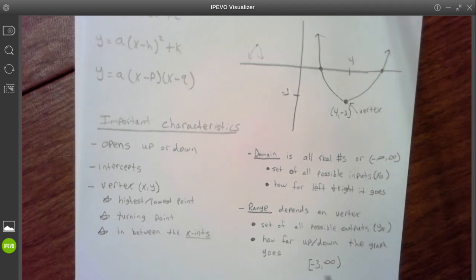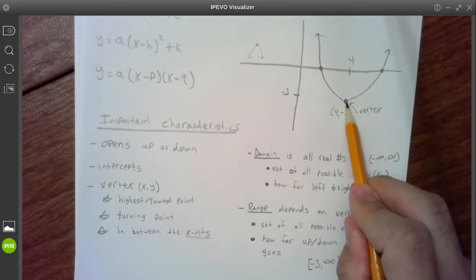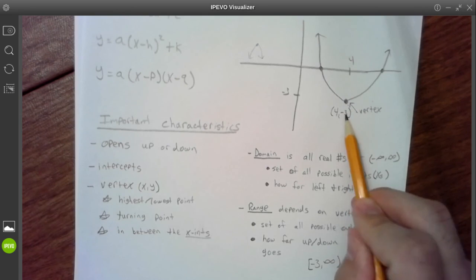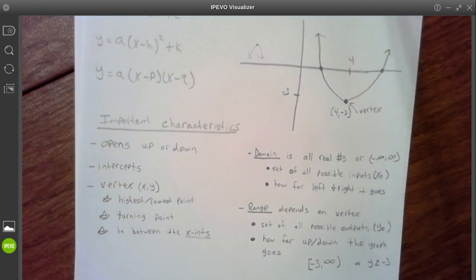You could write your answer like this, or you could say the range is y is greater than or equal to -3. That's another way to write that. I'm putting the little brackets on the -3 because it actually passes through -3. It includes the number -3.